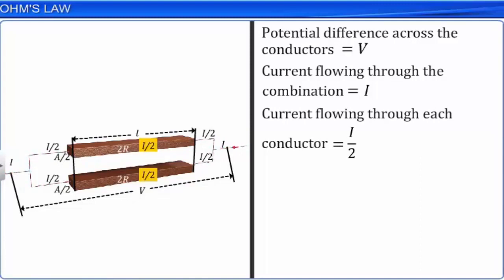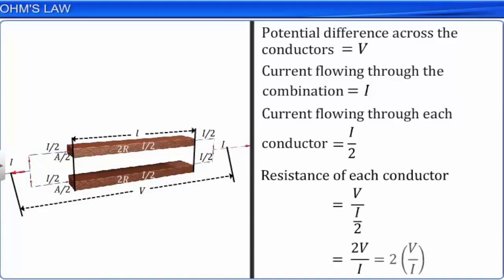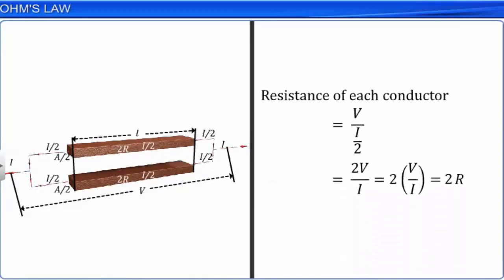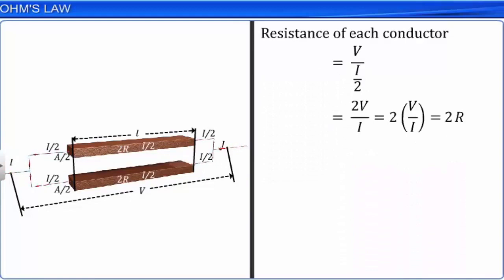Then the resistance of each conductor is obtained as equal to 2R. From this activity, we can conclude that halving the area of cross-section of a conductor doubles its resistance. Generalizing, we can write resistance R of a conductor is inversely proportional to its cross-sectional area A. Let this be equation 2.